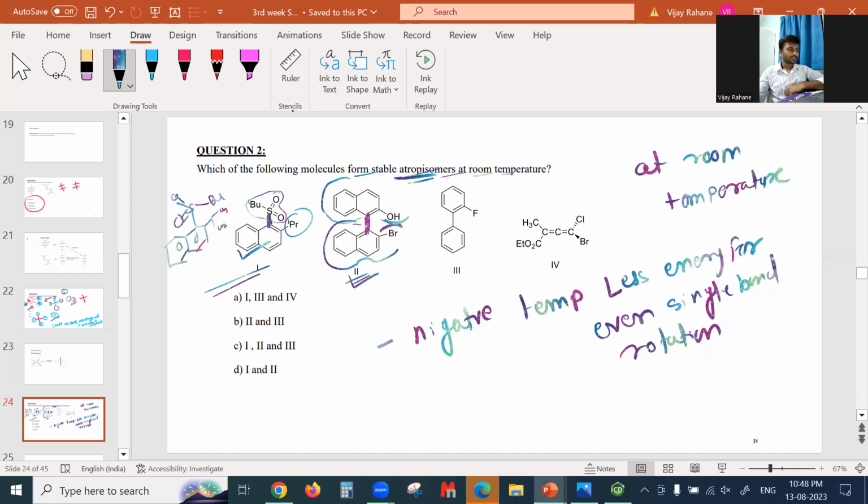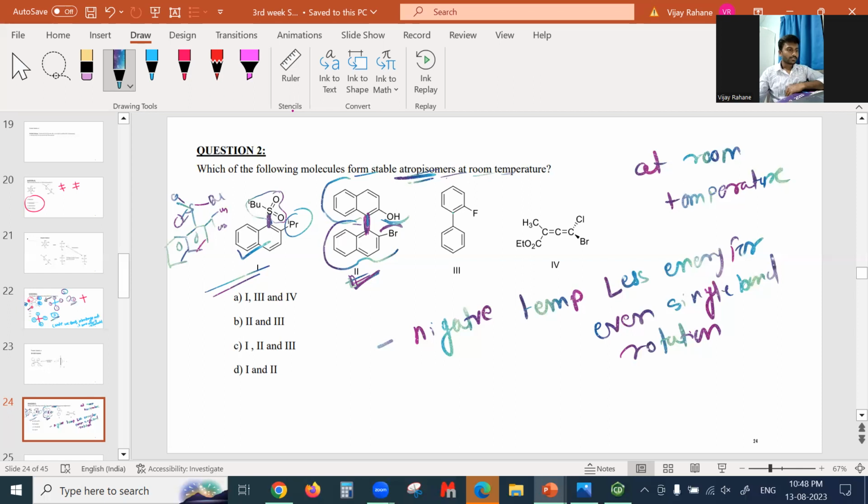So this is also at room temperature as well. This molecule doesn't have the sufficient energy to rotate around the carbon-carbon bond. So this is also in the form of a chiral molecule at room temperature, or it shows the optical rotation at room temperature as well, this molecule.